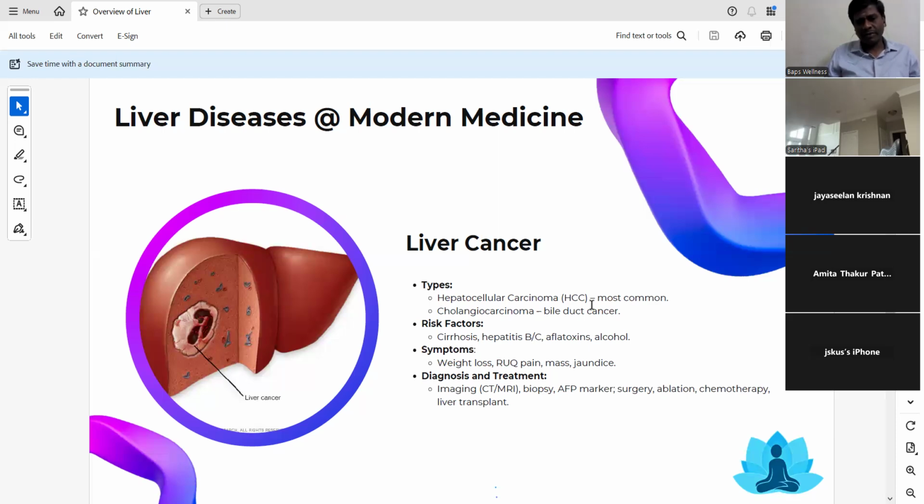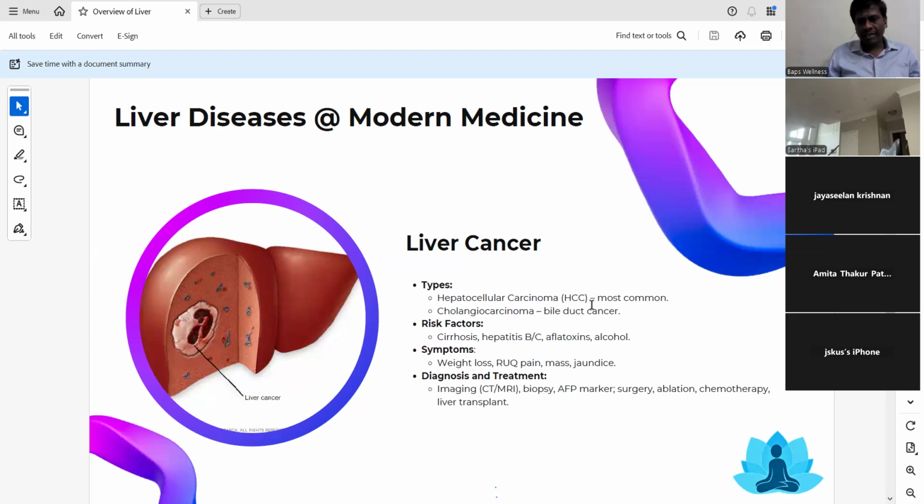So when liver cancer has led to almost the entire dysfunction, it's very difficult to revive the condition. So the death rate is very, very high in liver cancer patients with metastasis.